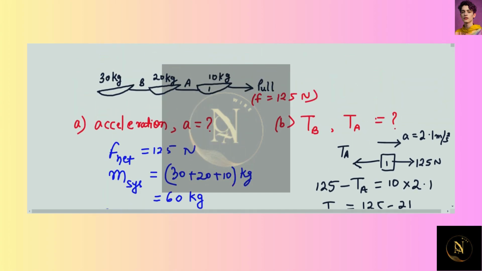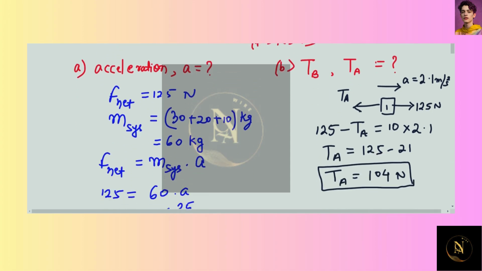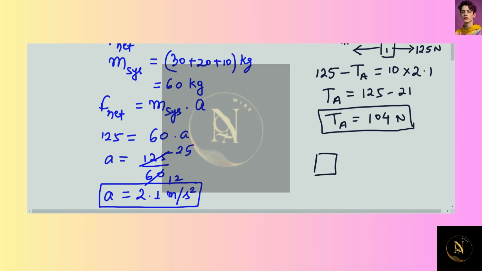Similarly, we figure out the free body diagram of object 2 or object 3. To ease the calculation, we take the free body diagram of object 3. On object 3, only tension is acting, and that tension is TB, in string B. Due to this tension, it is accelerated at 2.1 meters per second squared, which is what we found for the system.